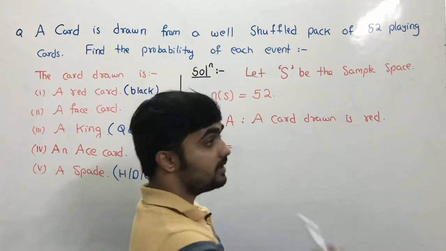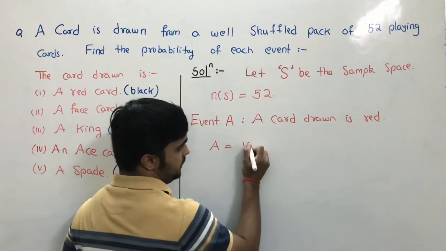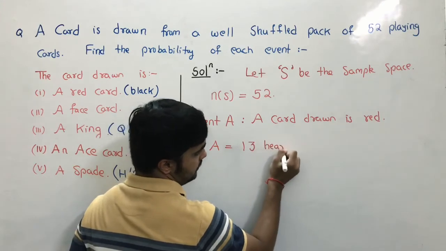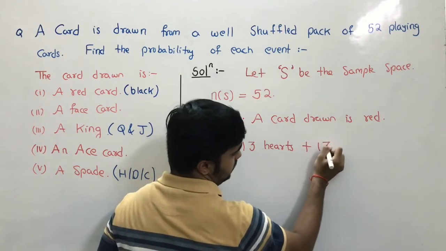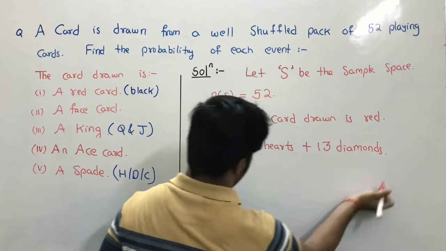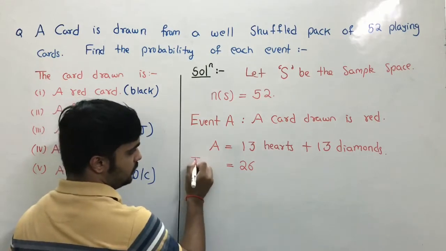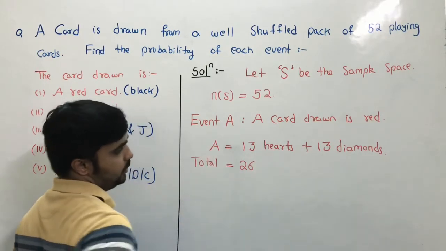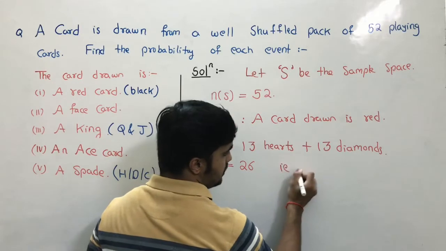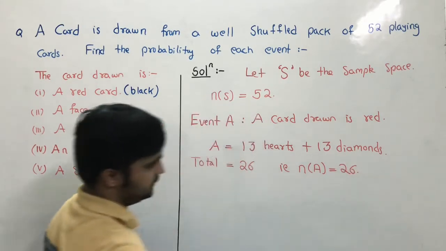A red card consists of 13 hearts plus 13 diamonds. So we have 26 red cards in total, that is number of A is equal to 26.